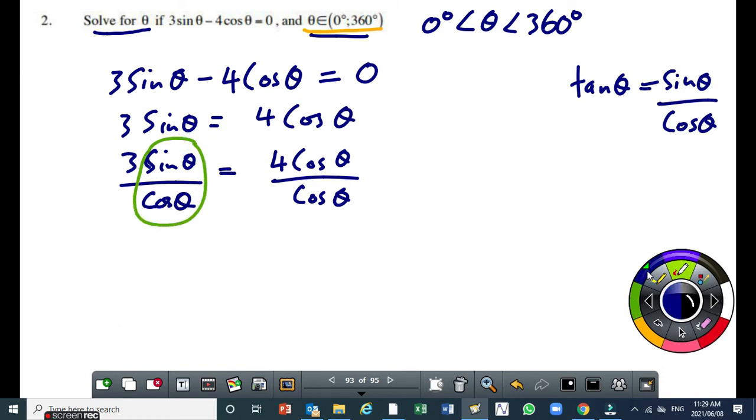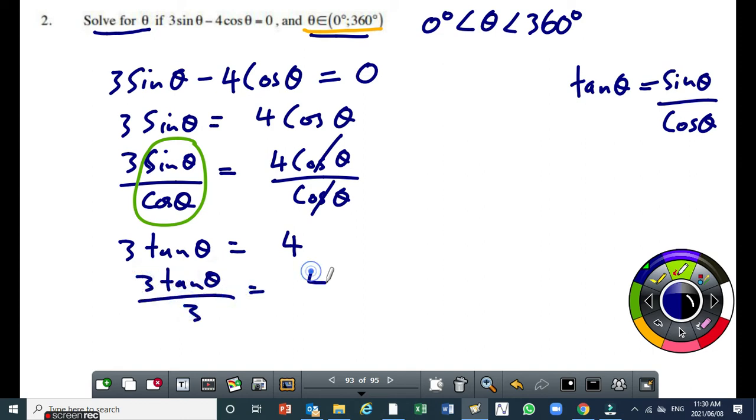Based on that, we end up having 3 tan theta is equal to 4 because these two cancel out. So we now have a trigonometric equation in terms of tan. Then I have to divide both sides by the 3. So we get 3 tan theta over 3 equal to 4 over 3. The final equation will be tan theta equal to 4 over 3.